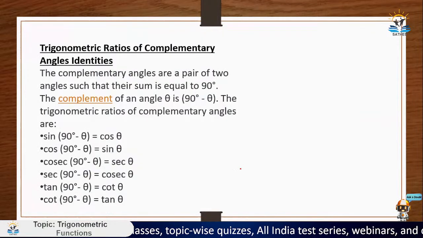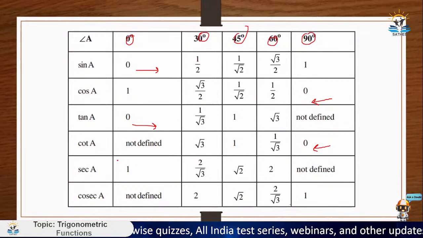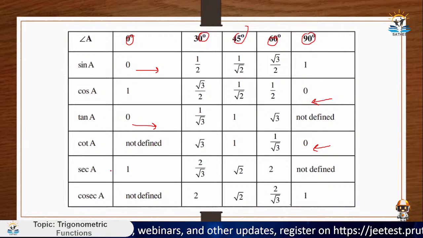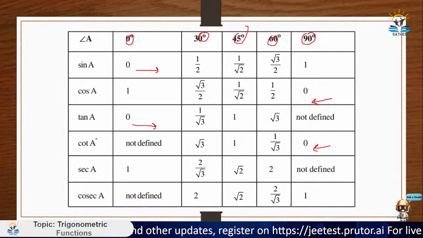So once again, for sec and cosec you have to do nothing. You have to just reverse cos and sine. So sine 0 is 0, so cosec 0 is undefined. Why? Because 1 upon 0 is infinity, which is not defined. Similarly, cos 0 is 1, so sec 0 is also 1, because 1 upon 1 is 1.